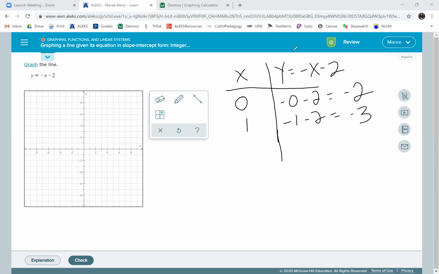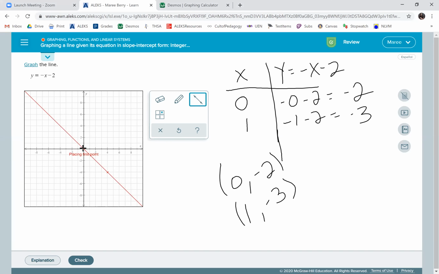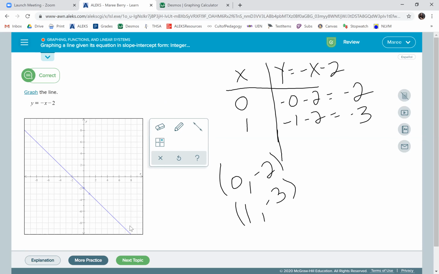Because this is a line, all you have to do is graph these 2 points, 0, negative 2, and 1, negative 3. So we grab our line, we go 0, negative 2, and then 1, negative 3. And there's our line.